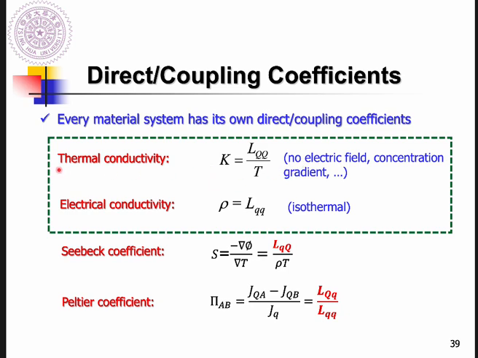For example, in order to measure the material's native or intrinsic thermal conductivity, you only need to make sure there's only one driving force, which is the temperature gradient, acting on your materials, with no electrical field, concentration gradient, and so on.